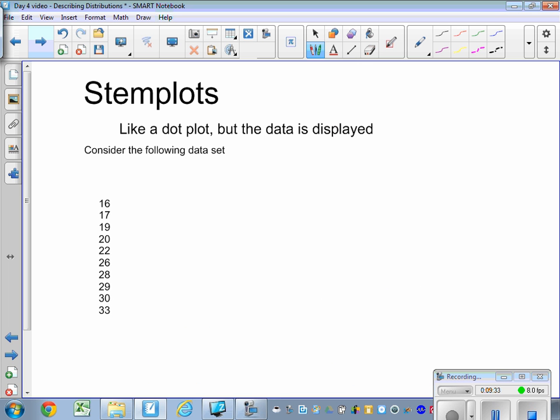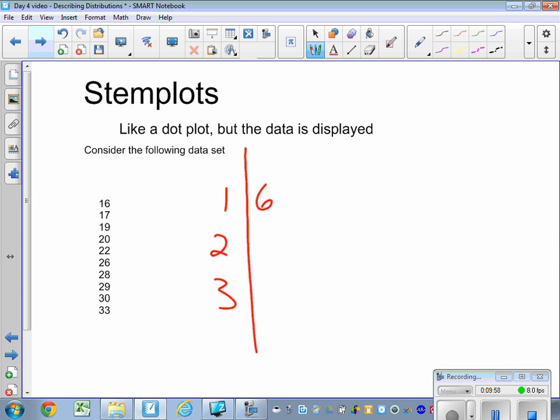The last thing in this unit is stem plots. A stem plot is where we create a little key instead of writing all the numbers out. So I'm going to do a stem plot real quick here. So if we would do 1, and for 16, I'd write a 6 here.